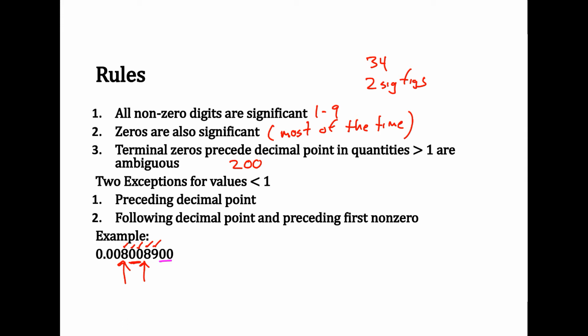Are they significant or not? Well, if you have a 0 after a non-zero and after the decimal point, it means that it's significant because whoever was measuring or taking measurements for the data measured to this point, which means that these zeros are significant. So in this case, this value has 7 significant figures.